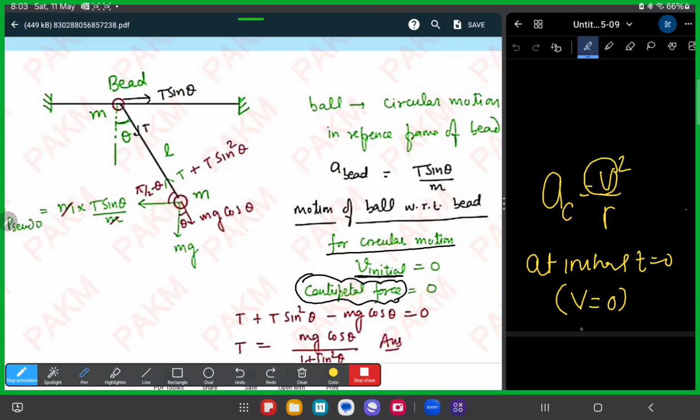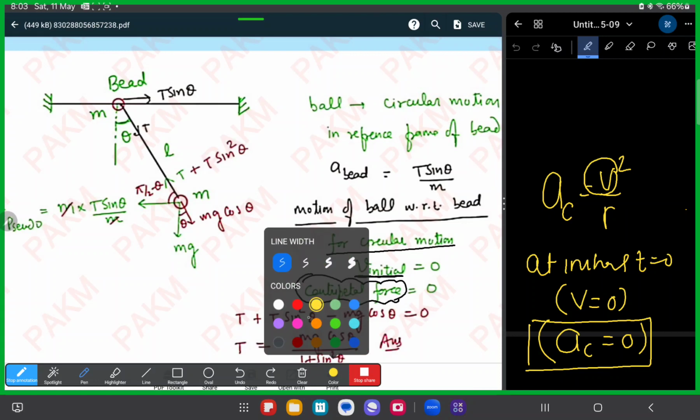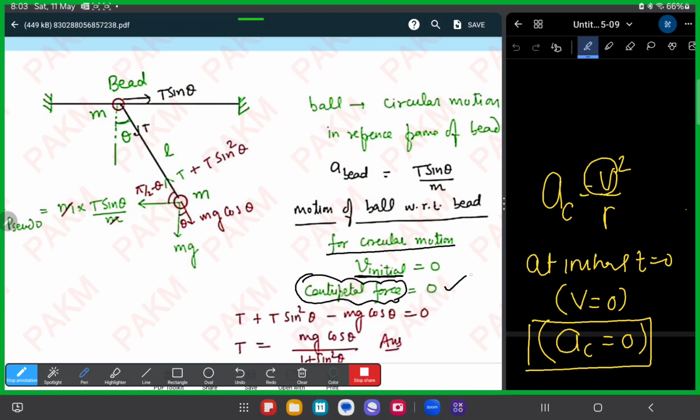If V is 0, then AC will be 0, because they have asked for the initial position. So when AC is 0, the centripetal force will be 0. So let's resolve everything.